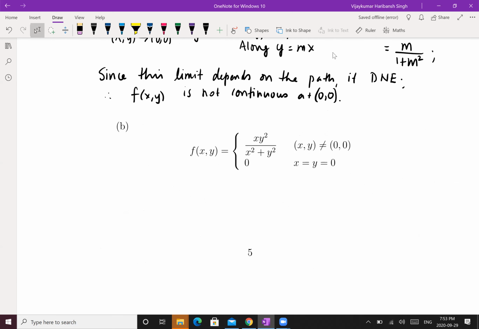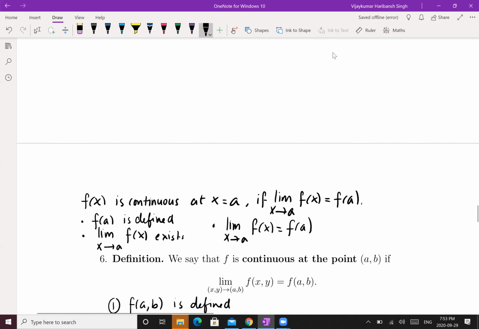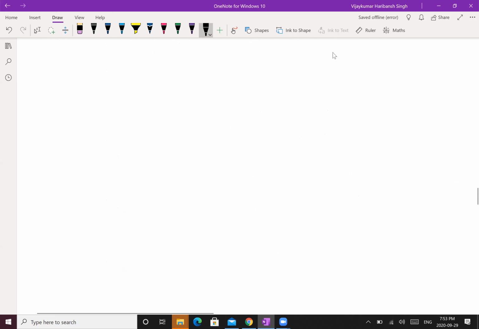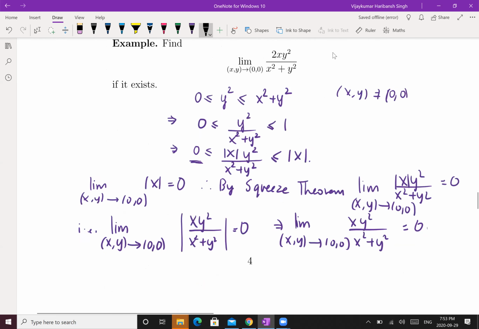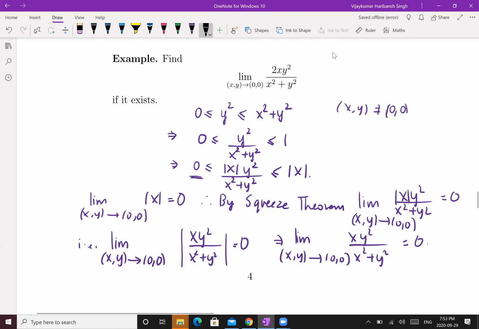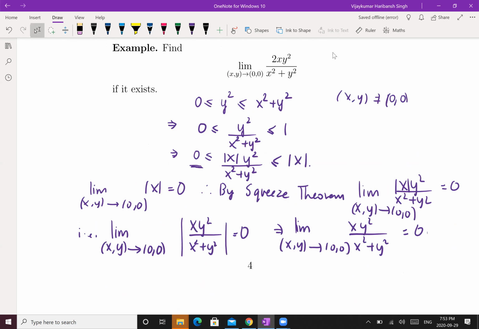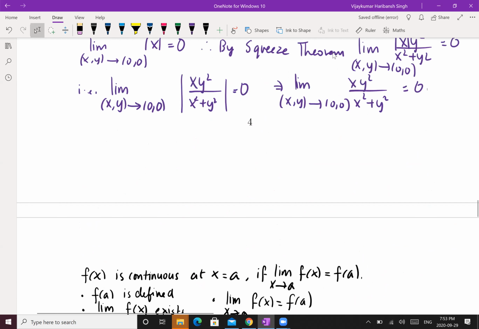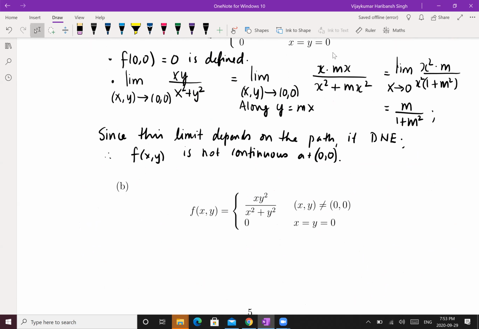Let's look at the following problem. f of (x,y) equals x y squared upon x squared plus y squared if (x,y) is not (0,0), and 0 otherwise. We just now showed that the limit is 0, though not exactly this one, but we had 2xy squared upon x squared plus y squared. This is similar to it, so let me change this problem because it matches with the earlier problem then.